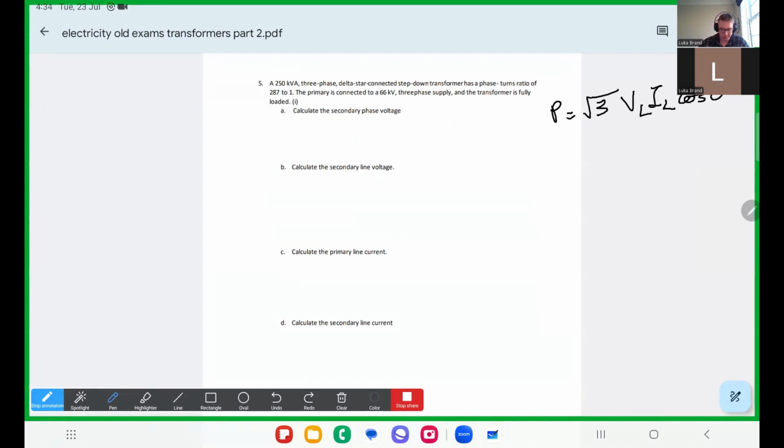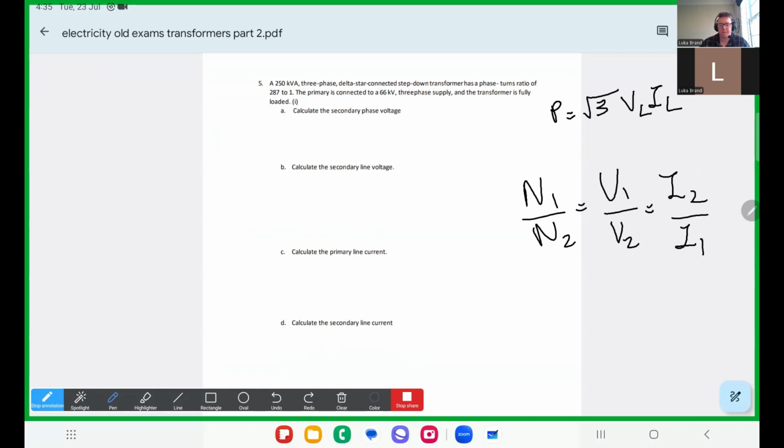Now, with this equation, because it's a transformer, I don't actually need to worry about the cosine theta part, so I'm just going to remove that. So I've got that equation, and then I've got this equation here. These are the two equations that I'm going to be using most of the time with the transformer questions. I'm also going to be using this one. So they're kind of the four equations that I'm going to be using.